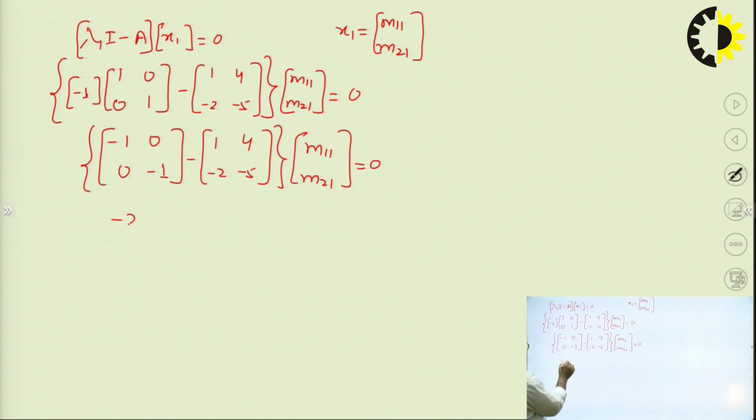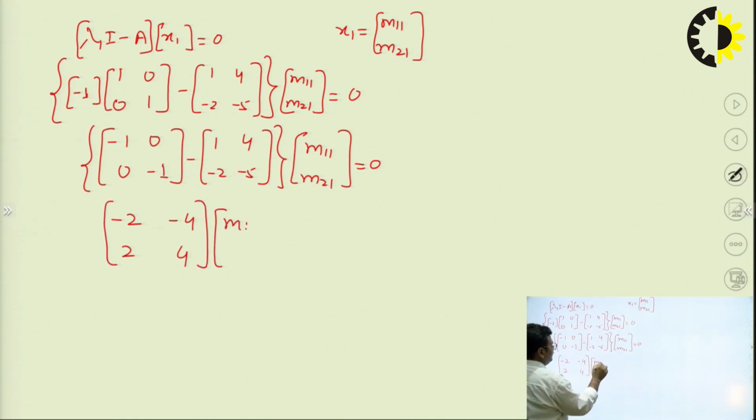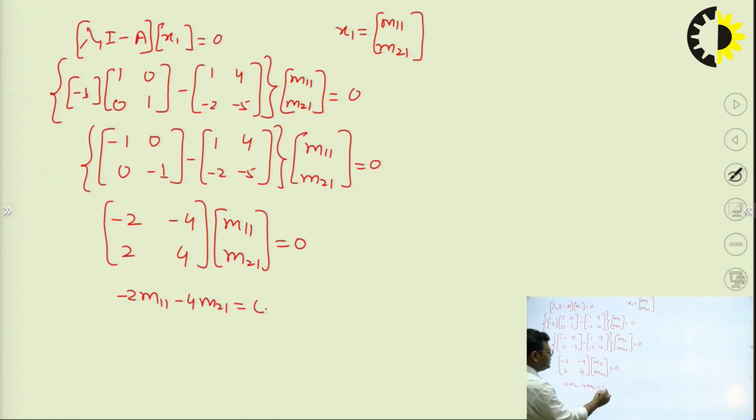Then after solving this, we will have [minus 2 minus 4; 2 4] multiplied by m11, m21 is equal to 0. And if I convert it into equation form, then I will have minus 2 m11 minus 4 m21 is equal to 0, and the second equation will be 2 m11 plus 4 m21 is equal to 0.